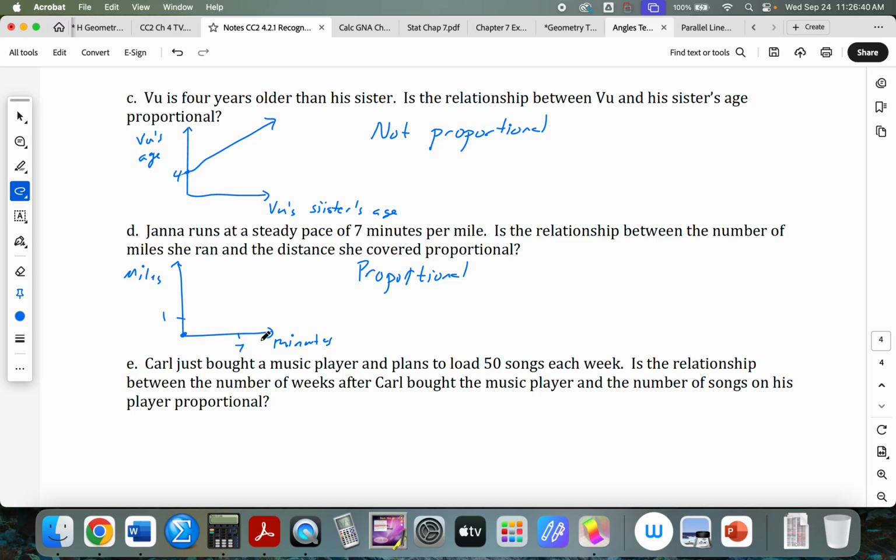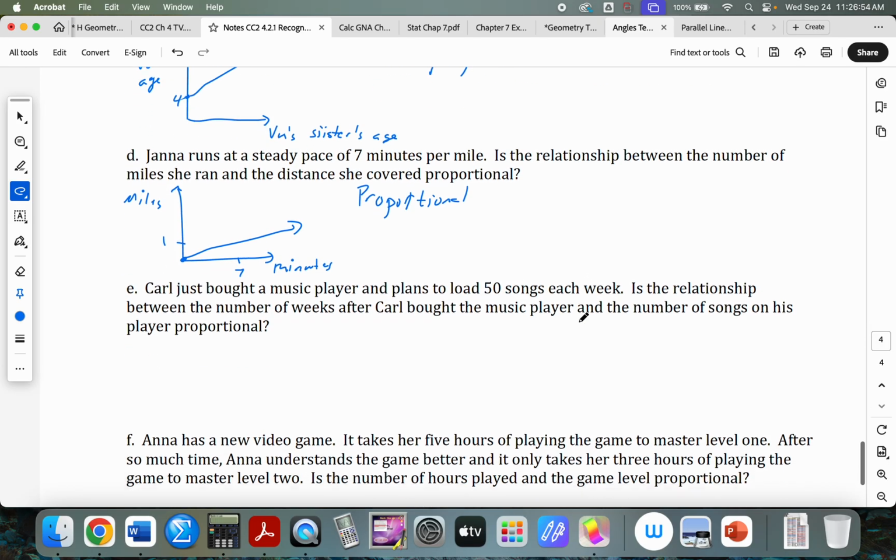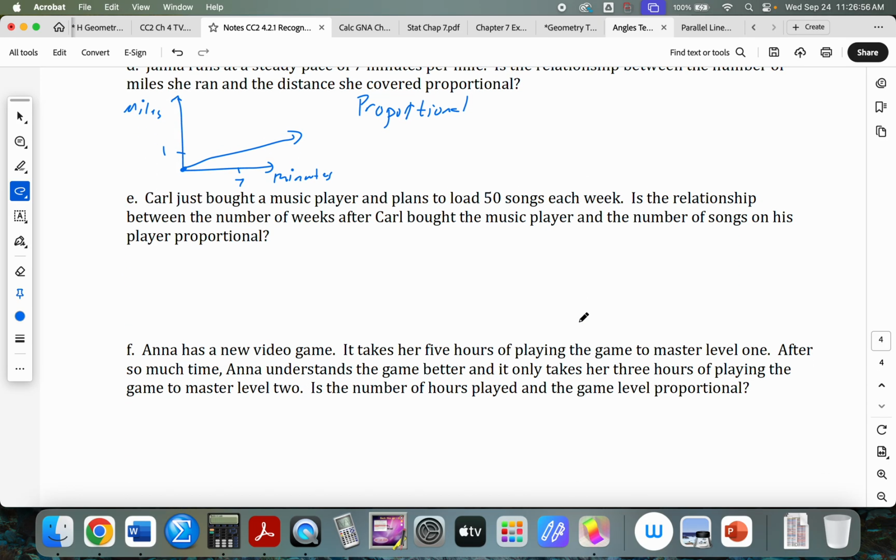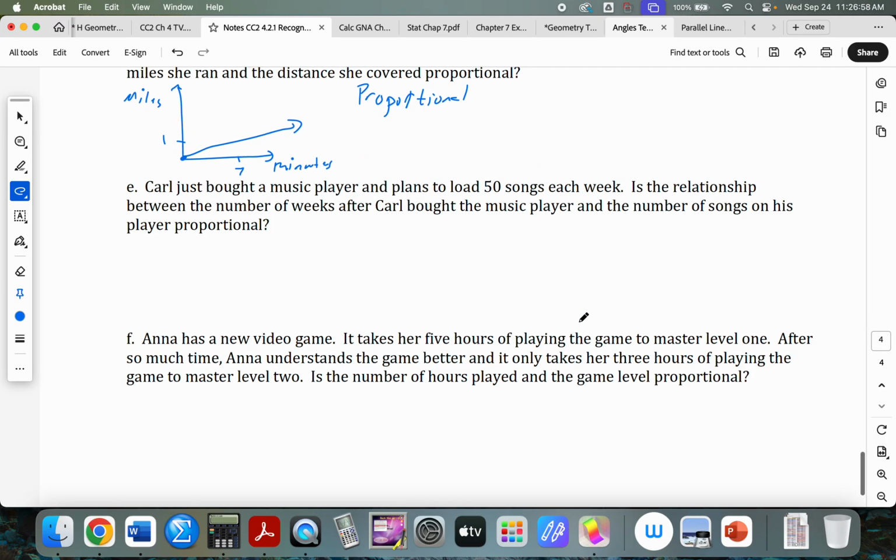Is that going to keep going up at the same pace all the time? Yes, at least theoretically. So this is indeed proportional. All right, let's look at E. Carl just brought a music player and plans to load 50 songs each week.